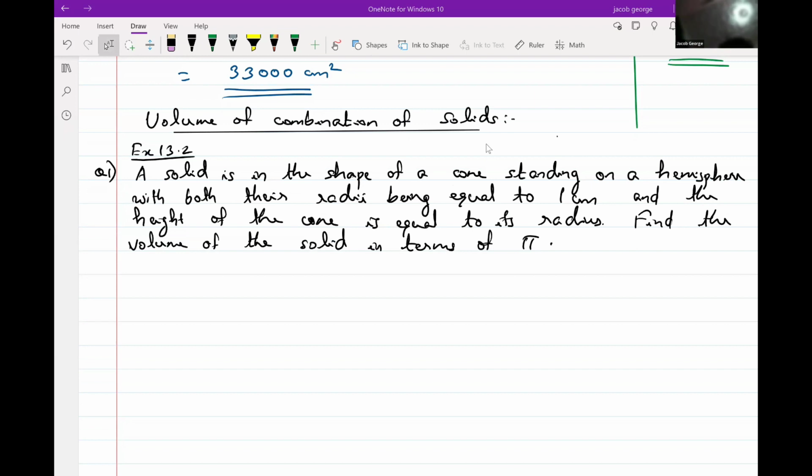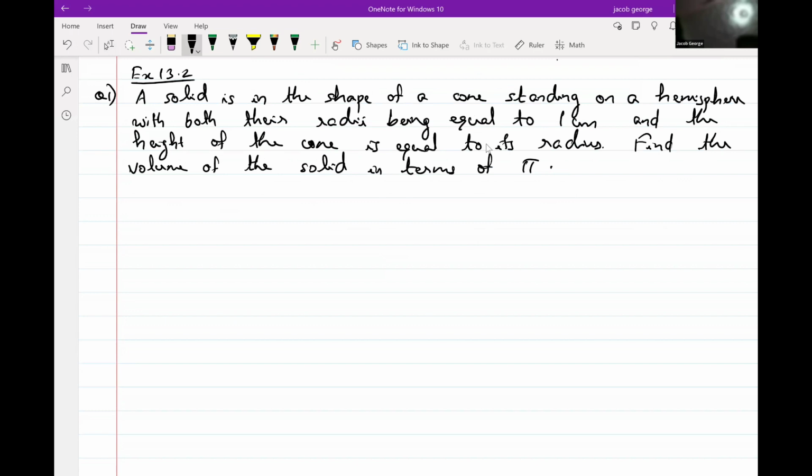Okay, the solid is in the shape of a cone standing on a hemisphere. So we have to draw the hemisphere down, and on top of that there is a cone. This is the shape of the solid.